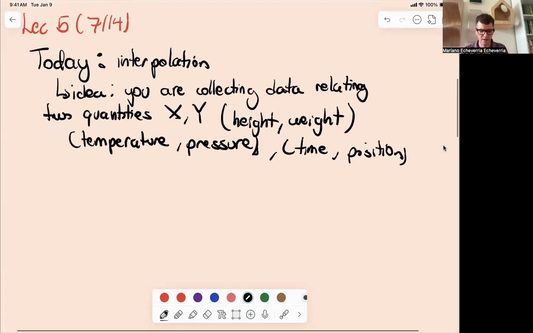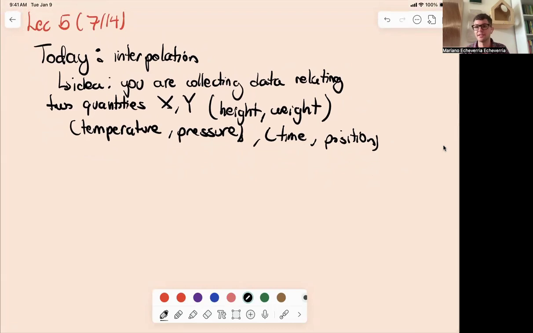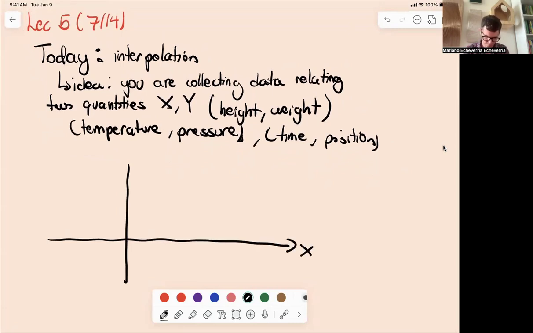And then if you make a certain number of measurements, if you make a finite number of them, then you would just get a bunch of points scattered on the plane, right? So you could get something like this. How many am I drawing?